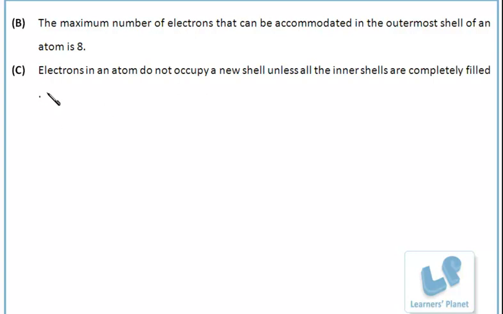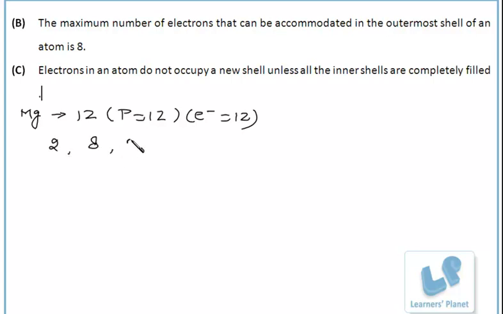So let's take the example of magnesium. The atomic number of magnesium is 12. It means how many protons are there? 12. And how many electrons will be there? 12. So what will be the distribution of these electrons? 2, 8 and 2.